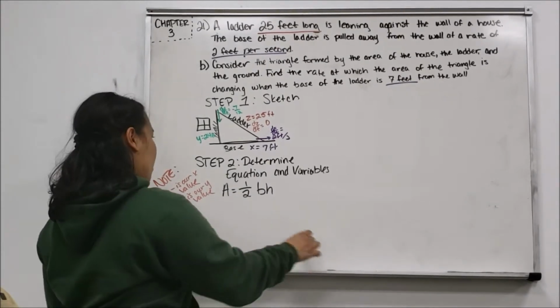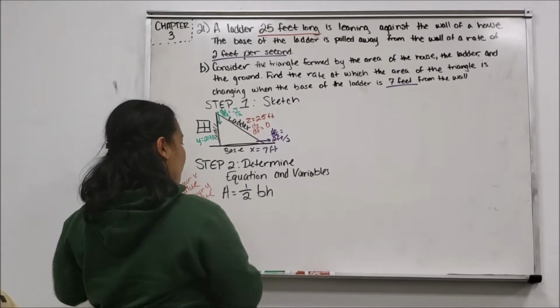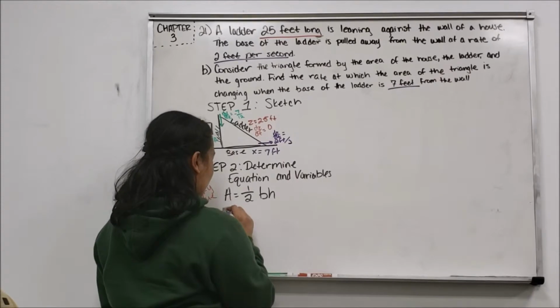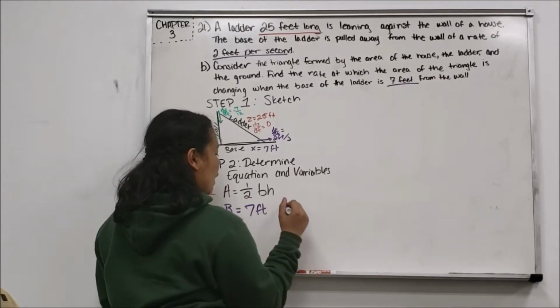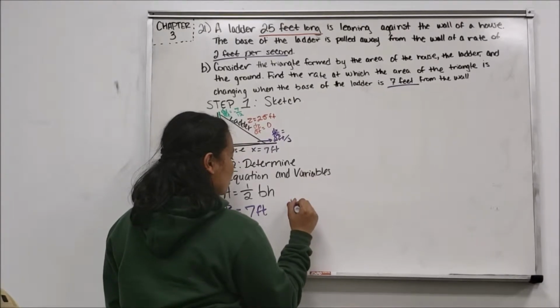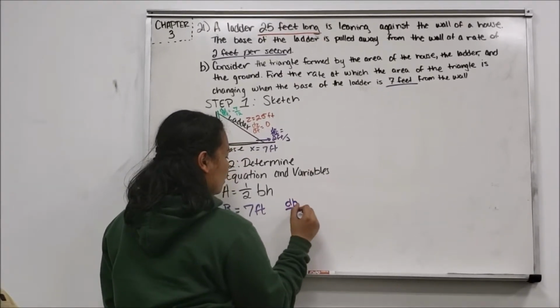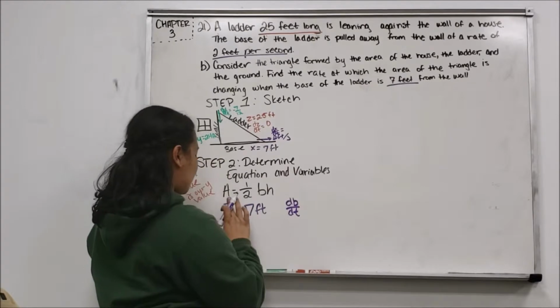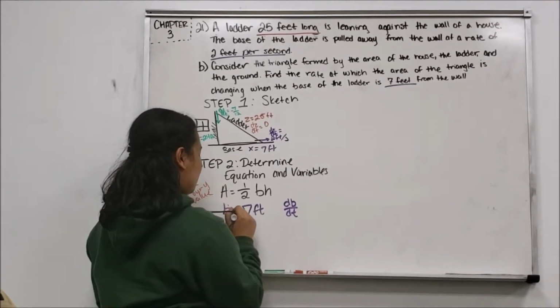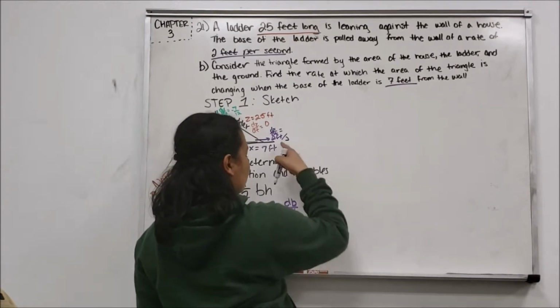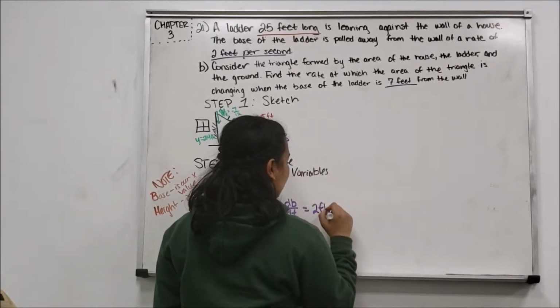So now we know our B is equal to 7 feet, and our dB dt, so I'm going to change this to a lowercase b since the base is a lowercase b, is the same thing that we have up here, which is 2 feet per second.